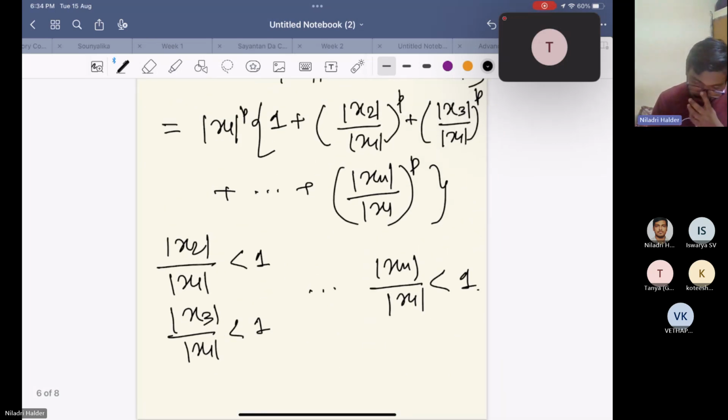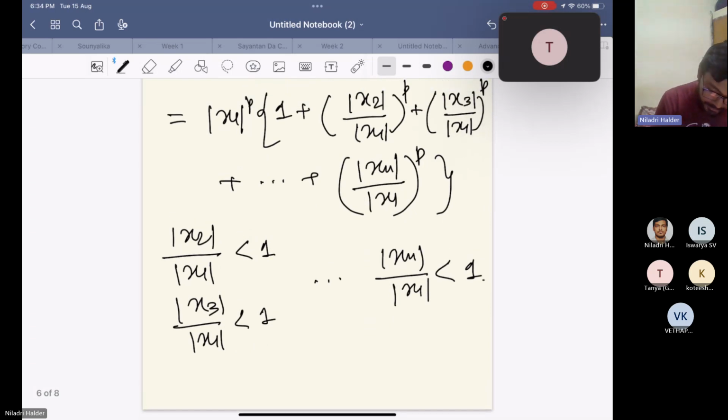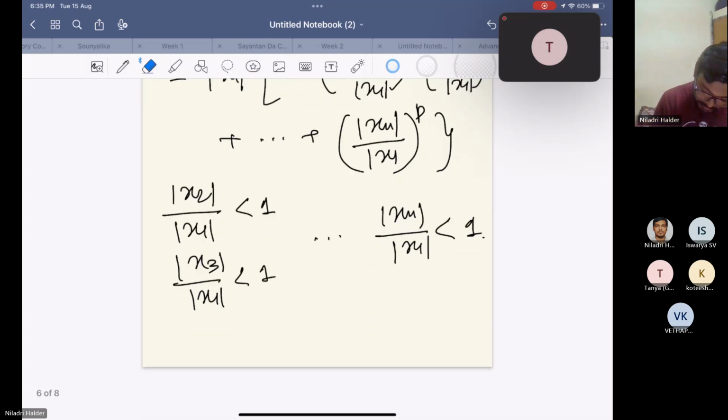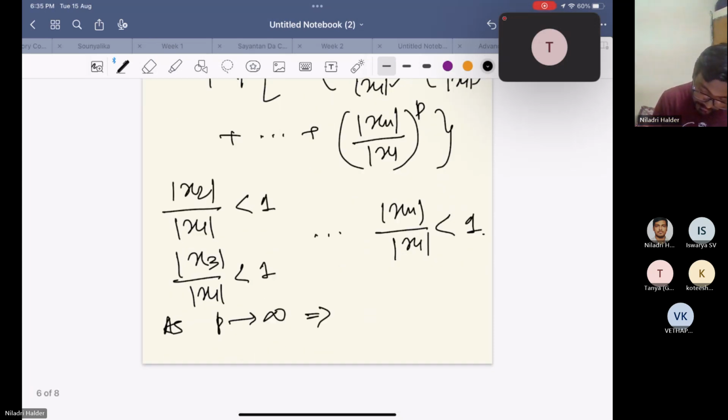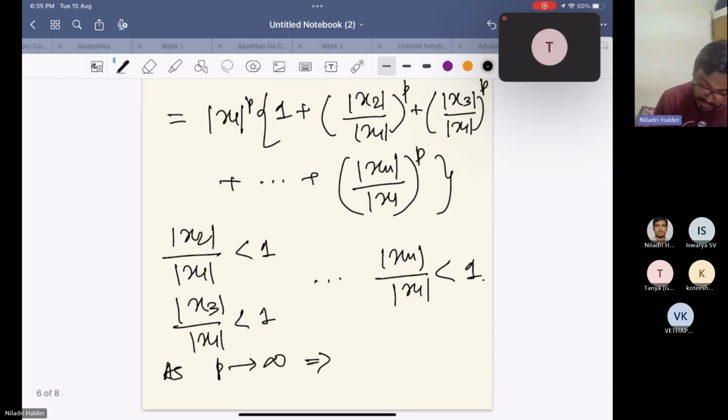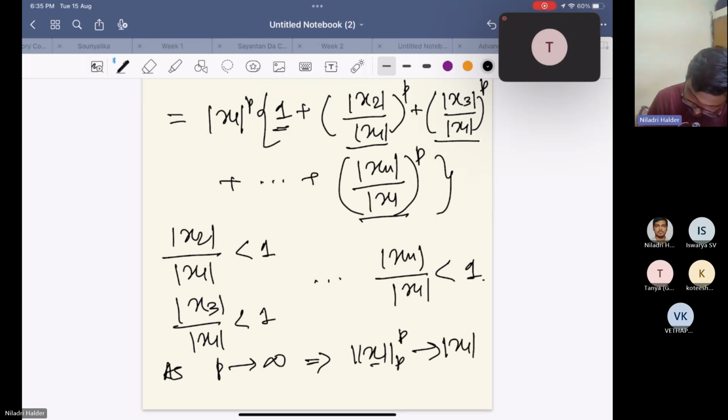Now as p tends to infinity, those things which are less than 1 raised to power p will all tend to zero. So all will be zero except this one, so it will tend to mod of x1 power p.